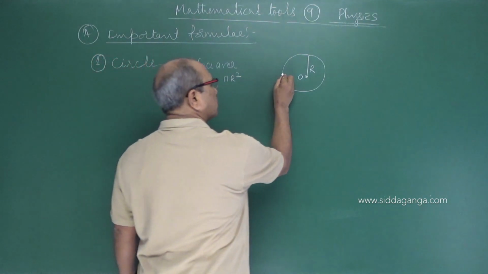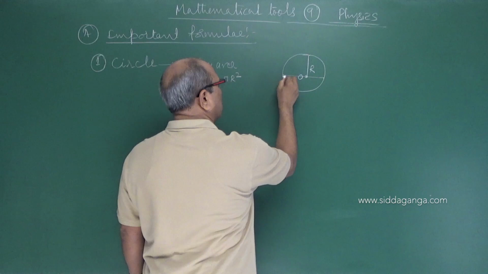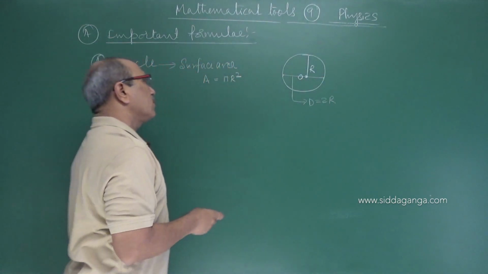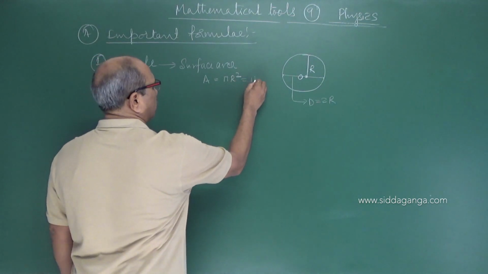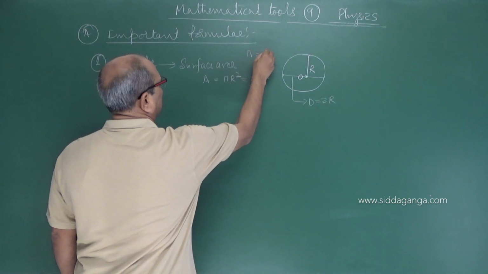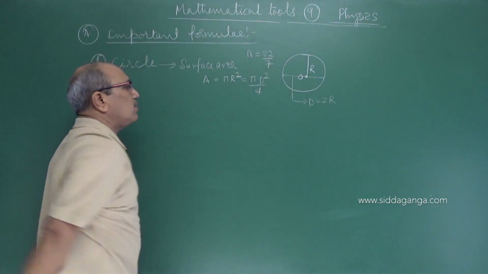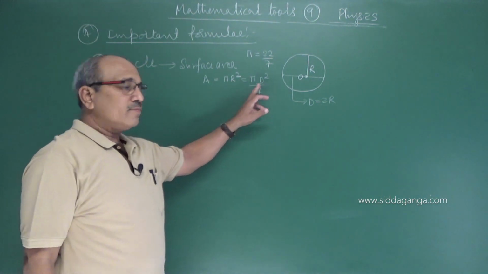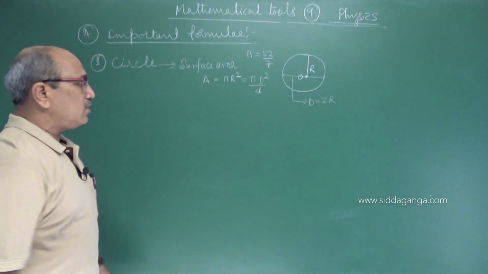And also you have studied that d is the diameter, which is 2 times the radius. Even if the area is given in terms of that, it is pi d square by 4, and you know the value of pi is 22 by 7 as the standard one. So if you know the radius or diameter, you must be able to get the surface area.